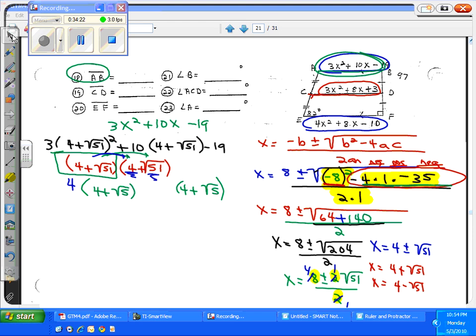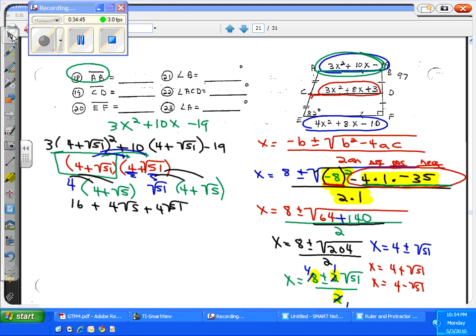And then times the second piece, square root 51. And then we would distribute again, so we would have 16 plus 4 square root 51.